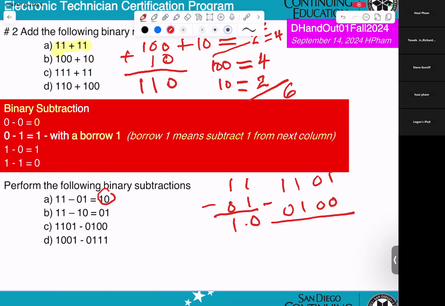One minus 0, 1. 0, 0. 1, 1 minus 1, 0. 1 minus 0, 1. And the last one, 1, 0, 0. Let's see, number C. Okay, I did 1, 0, 0, 1.